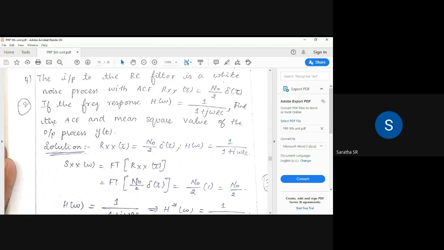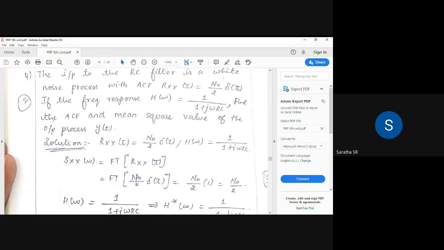So first we'll find S_xx of omega, and h of omega we have to find. Then we have to find S_yy of omega, then R_yy of tau. This is the process. We did 3 problems based on this concept, and the same way we will proceed here.